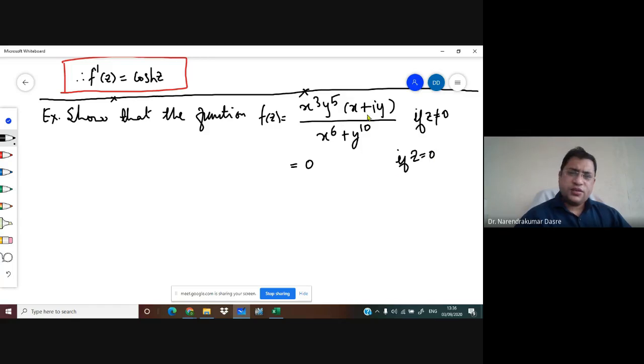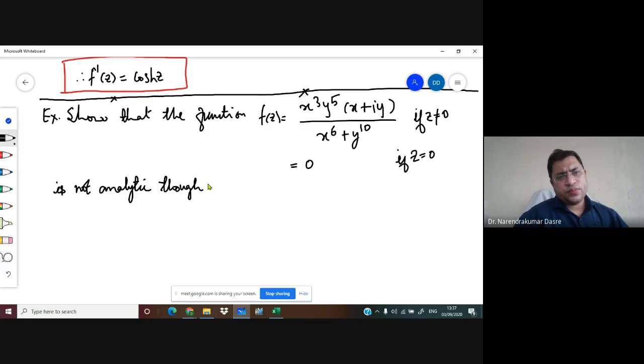So this function is a continuous function. If you put z is equal to 0, the function value is the same as the limiting value. So we can say f of z is a continuous function. We have to show that this function is not analytic.